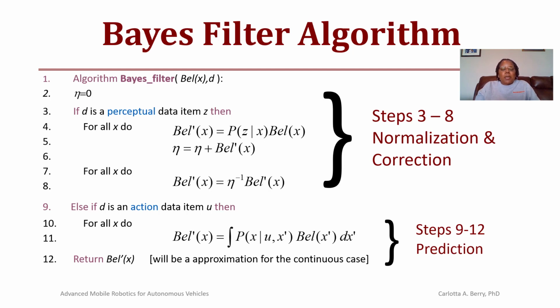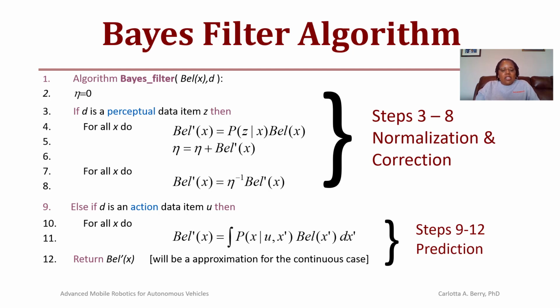So if d is a perceptual data item z, then you would do for all x, you would calculate eta times that belief. And then once you get that belief, those steps are used to make the normalization and the correction part of the equation. Or if you have an action item, you now would use steps 9 to 12 to do the prediction.